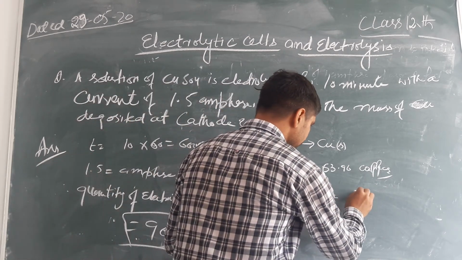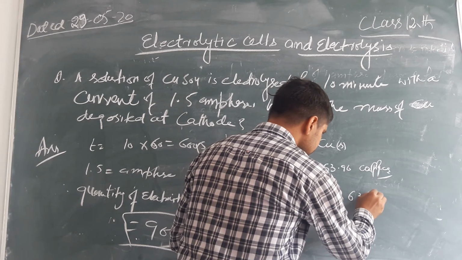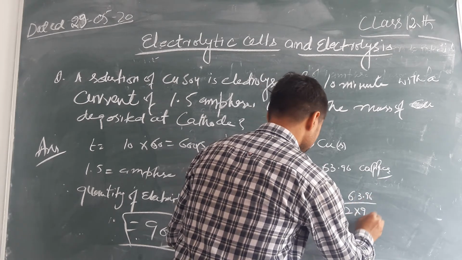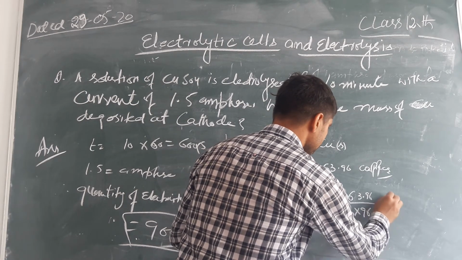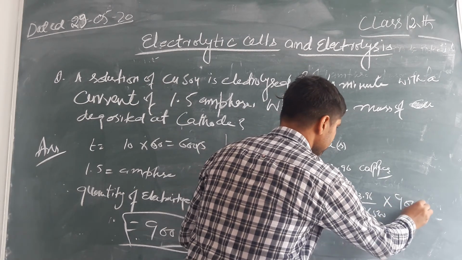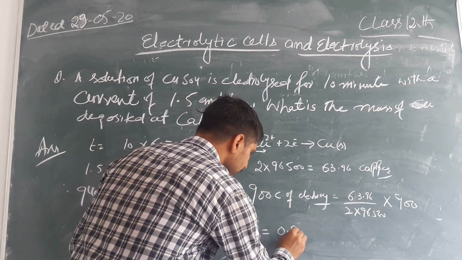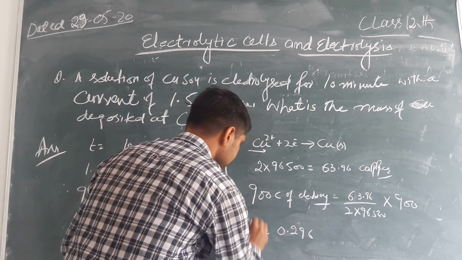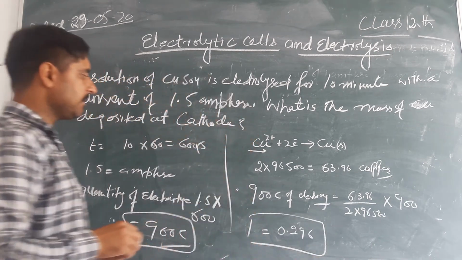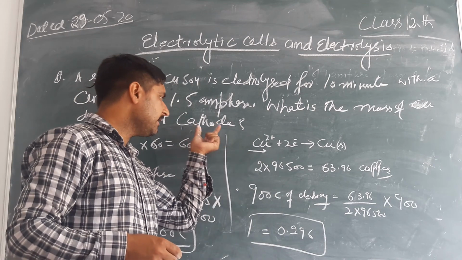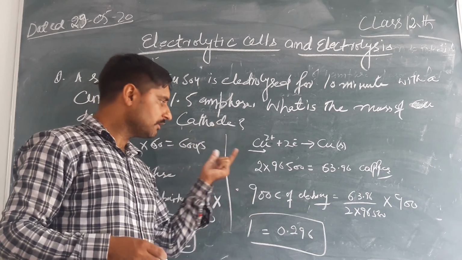The amount of copper equals 63.5 divided by 2 into 96500, multiplied by 900, and it is nearly equal to 0.296 gram. This is the amount of copper that can be deposited at the cathode. Thank you.